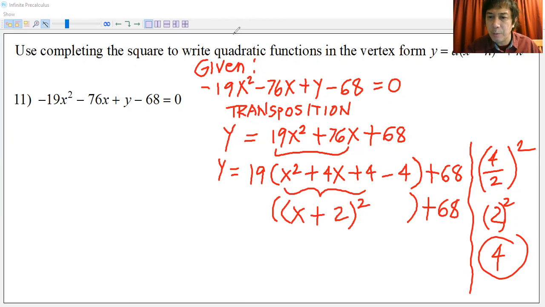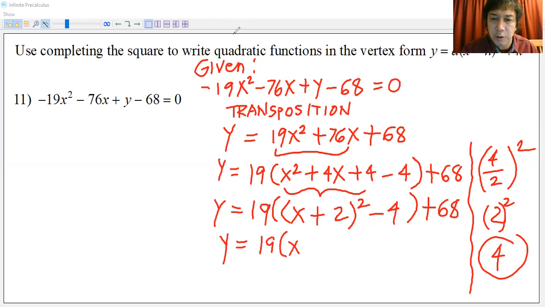We still have the minus 4 right there, and the 19 outside, and equals y there. Okay, we're closing to the answer. So this will now be y. Let's multiply the 19 back. So this will now be 19 times x plus 2 squared.